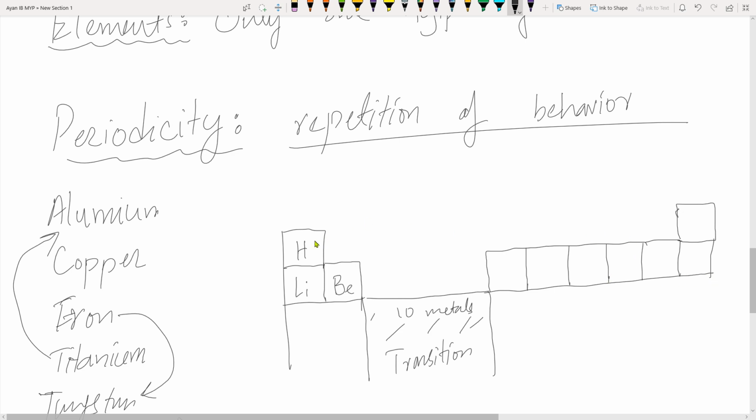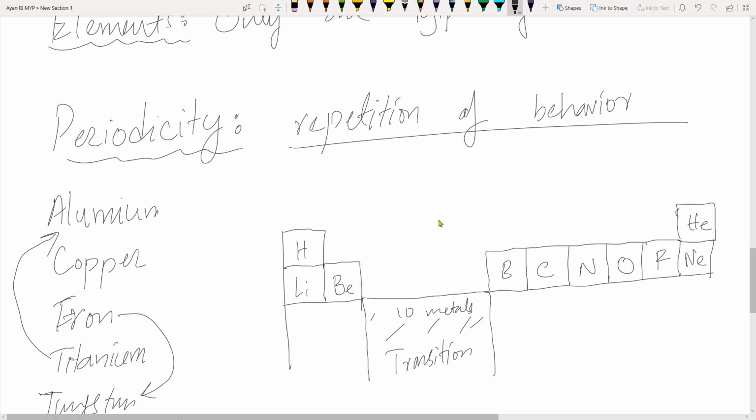We have hydrogen placed here, then the gas helium, which is a noble gas, an inert gas. And then we have boron, carbon, nitrogen, and then oxygen, fluorine, and then neon.